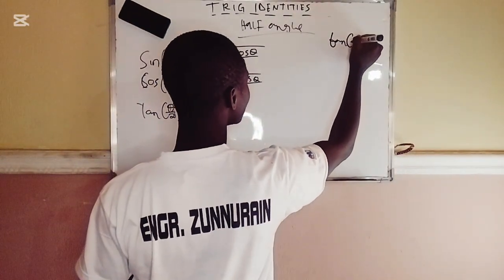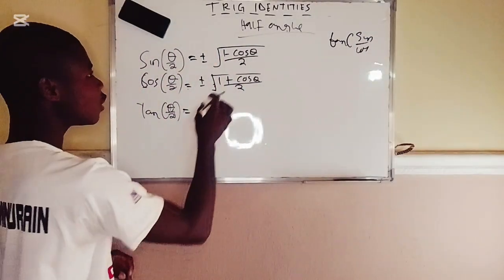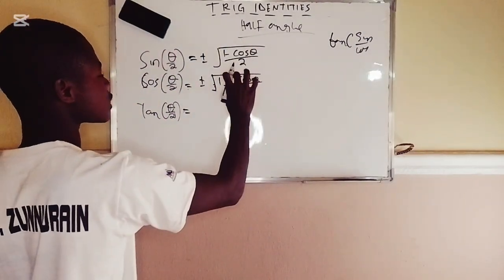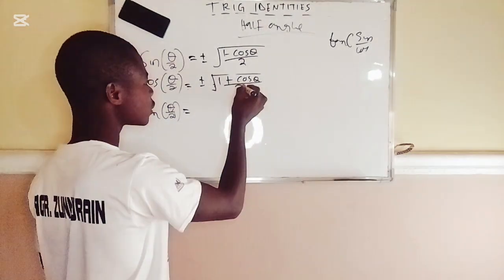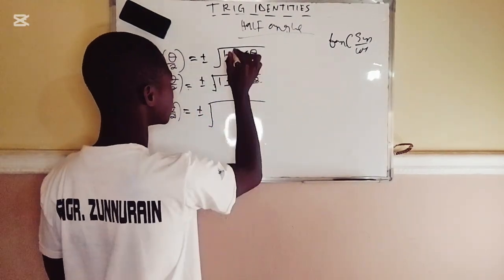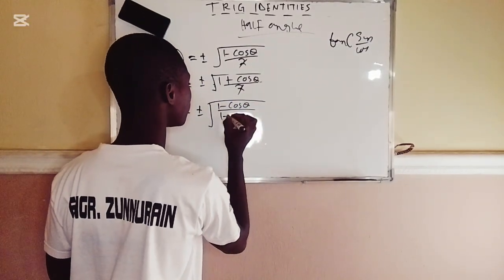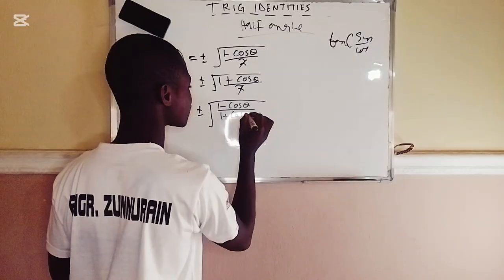The value of tan is sine over cos, so the 2 will cancel 2. Therefore, it is plus or minus the square root of 1 minus cos theta divided by 1 plus cos theta.